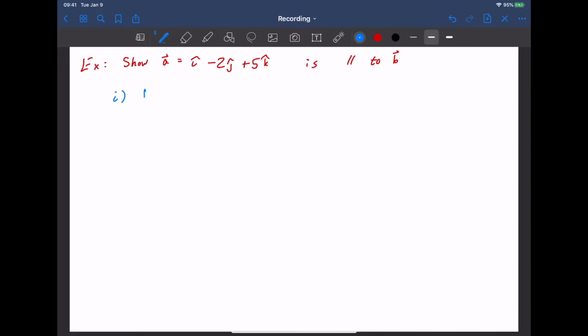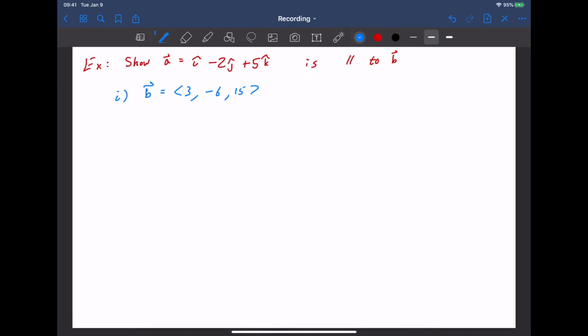Try to show it for B equal to 3, -6, 15. That's what we did in the last video. We're going to try to factor the GCF out. B is 3 times 1, -2, 5, which is just another way of writing 3A. So, parallel. Okay?